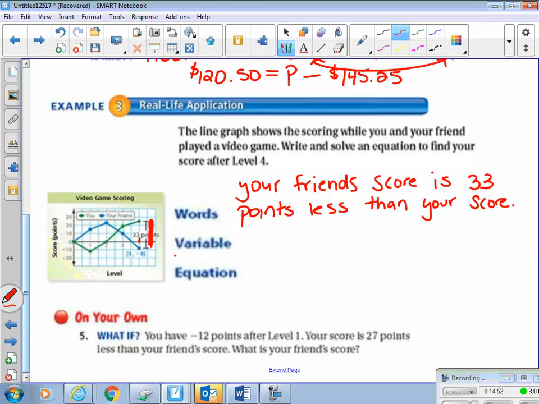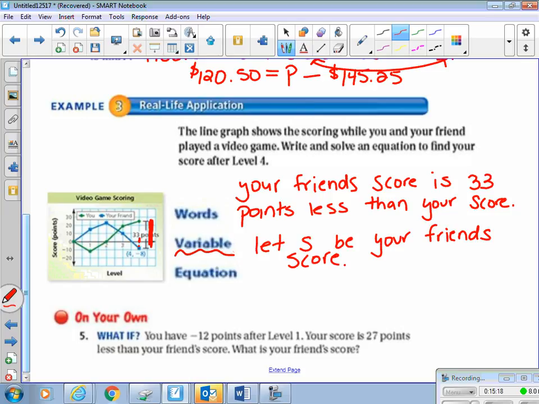So what variable should we use here? Let S be your friend's score. I'm just defining what that variable stands for, and S makes sense since we're talking about scores. So let's figure out what my friend's score is.